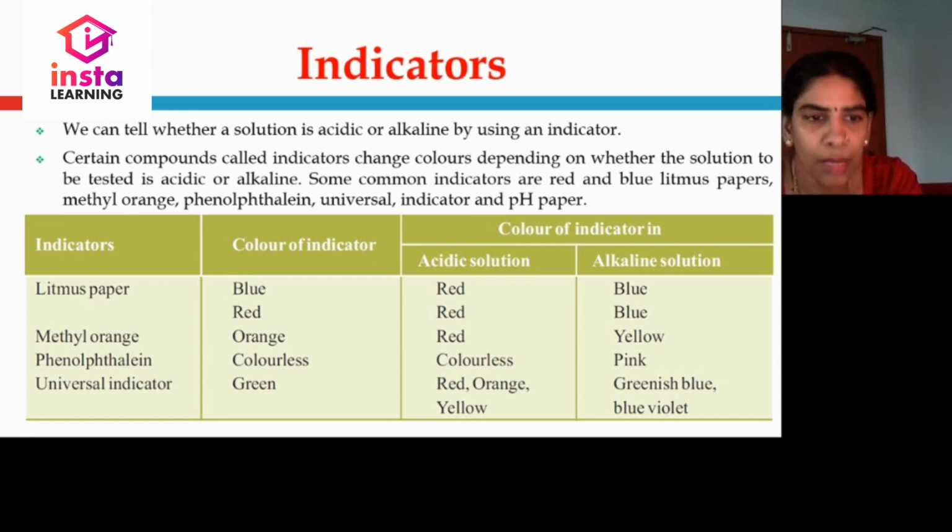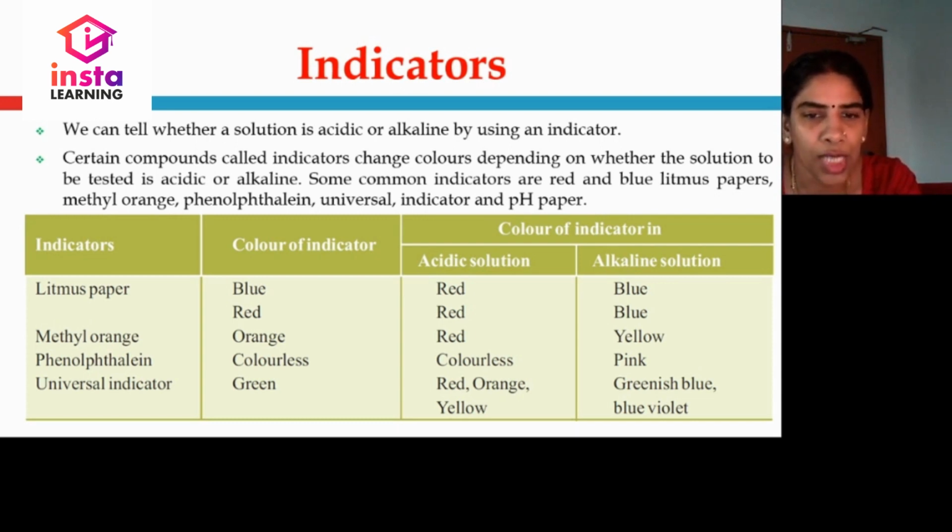Now let us take methyl orange. The color of the indicator is generally orange, but when a drop of methyl orange is mixed with the acid solution, it becomes red. So orange to red shows the solution is acidic. When orange changes to yellow, you can say it is a basic solution.